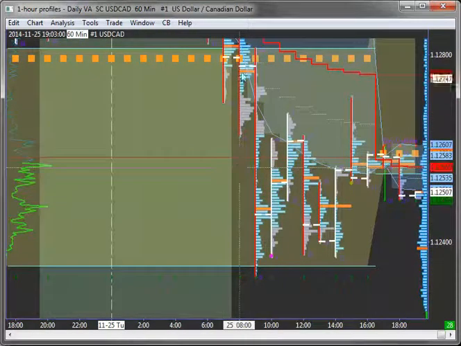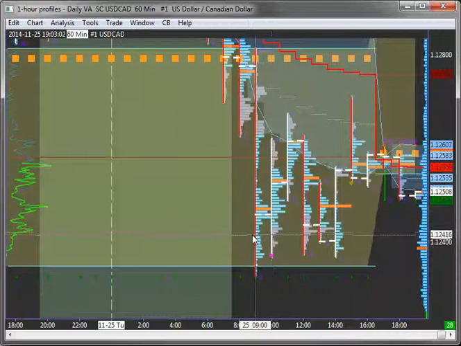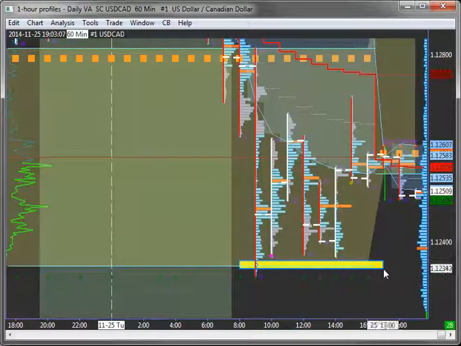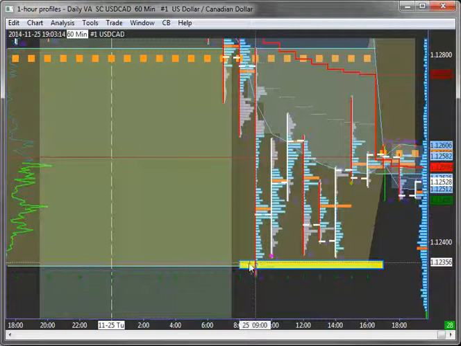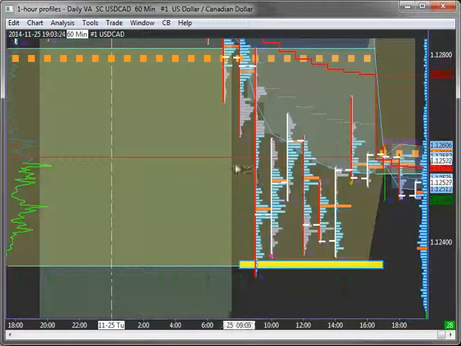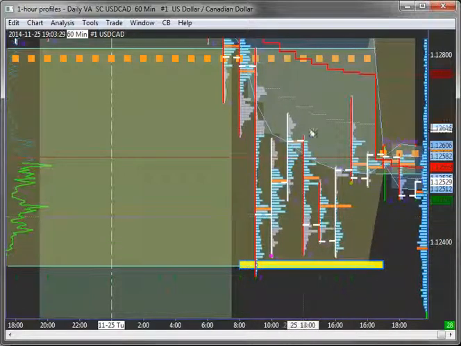However, when we come down to the value area low from yesterday, this would be a decent place to take a long on this 9 o'clock bar, because you believe there's a high probability that we're not going to break through yesterday's value area low in one shot. It's going to take several, and also we have these areas that need to come back. And typically, you will get opportunities to join in on the down trade.